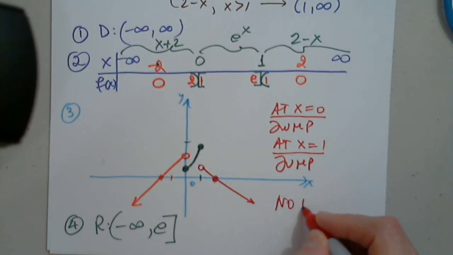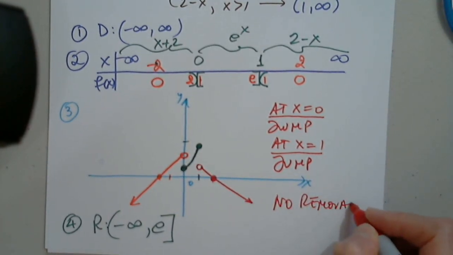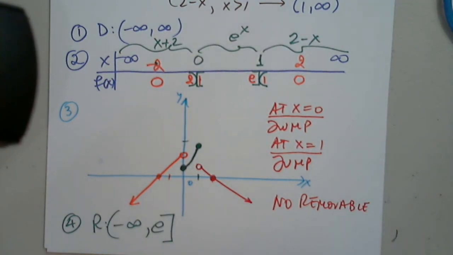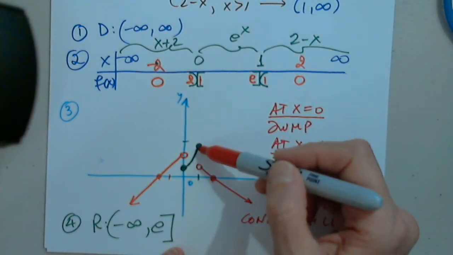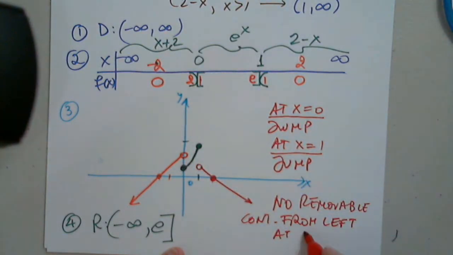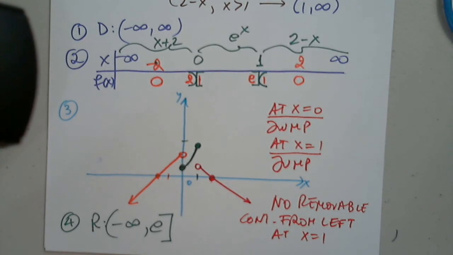No, no removable. Is this function ever continuous from the left? Yes. Where? At 2. Continuous from the left, wouldn't that be a 1? At 1. Very good.